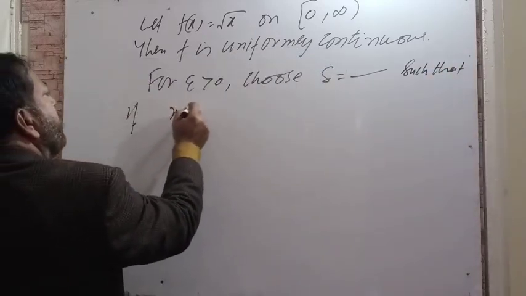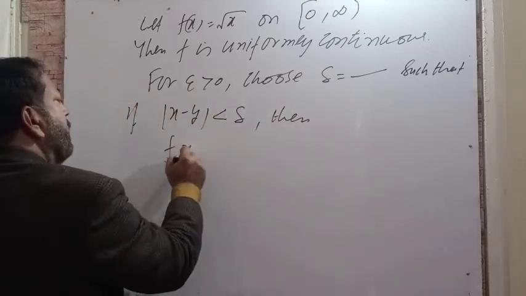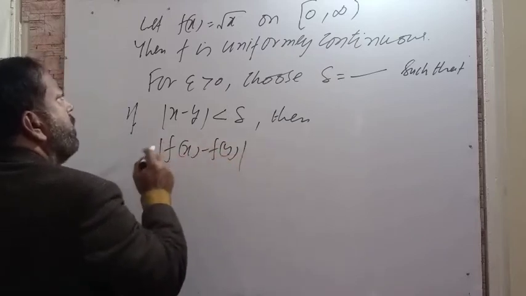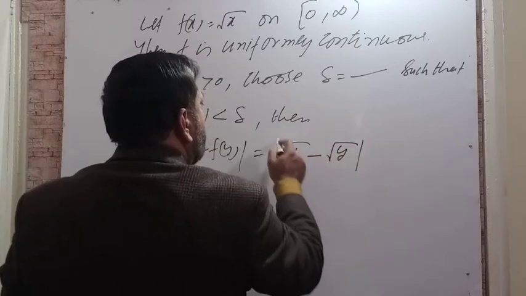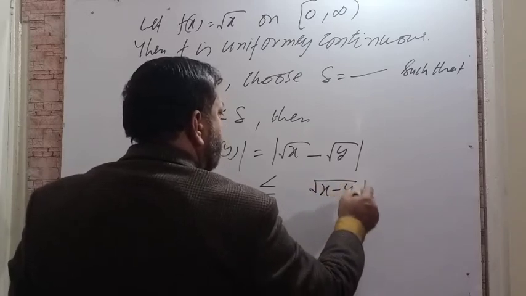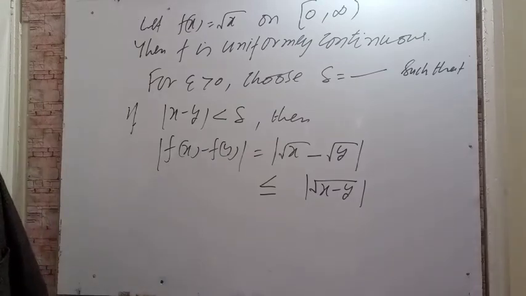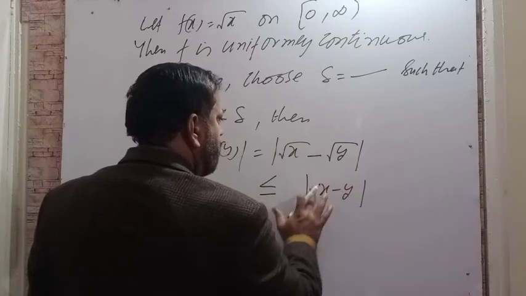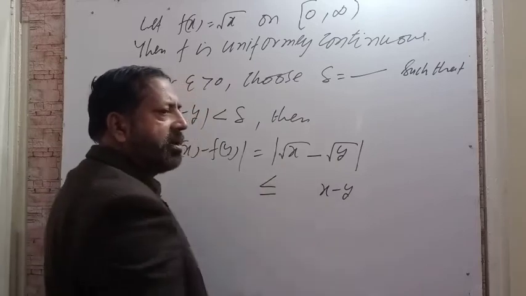So choose delta such that if |x - y| is less than delta, then |f(x) - f(y)| = |√x - √y|, and this is less than or equal to √|x - y|. This is a well-known result you can see in some calculus books. I take absolute values because I am not saying whether x is larger or y is larger.